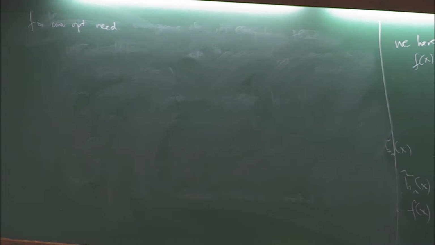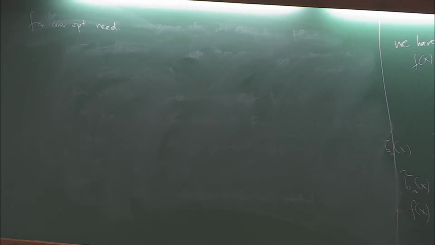This auxiliary function is a function of tau and x, and you can write the whole of this thing in terms of f of tau, x and f of minus 1 over tau, x.